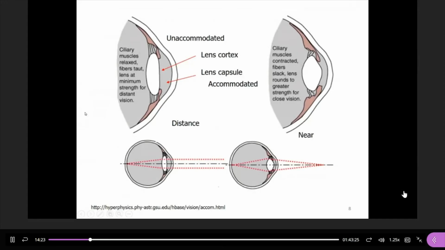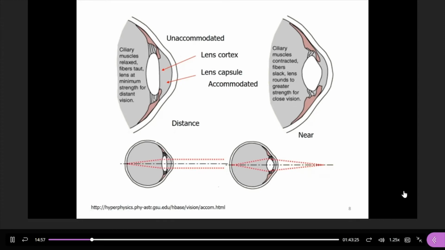I think this slide just shows you the anatomy of accommodation, before, this is distance, and after accommodation. I think you should be very familiar with this, so I don't want to spend much time on it, but just want to show you the key things. For distant vision, when we don't have accommodation, the ciliary body or the ciliary muscle should be in a relaxed position. That's why the fibers will be in tension.